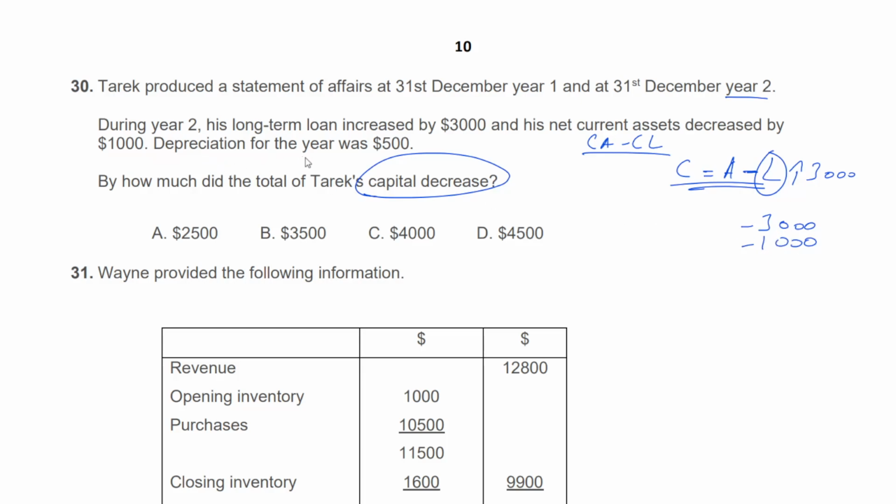And depreciation, which is basically the fall in the value of the assets, also by 500. So it further goes down by 500. The lower this side, the lower the capital. When the liabilities are high and higher, this side will get lower and lower because the liabilities are being subtracted here. Think about it deeply, please. That gives us 4,500 subtracted.